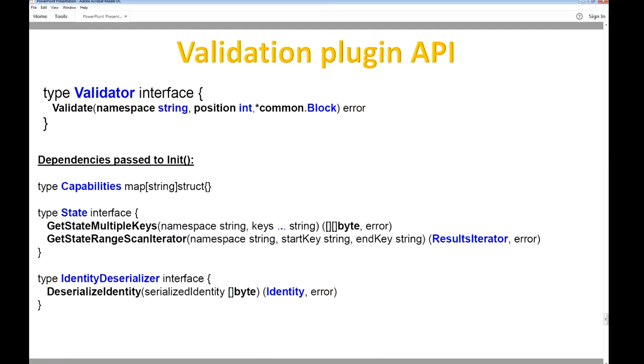Now, the validation plugin will implement the validate method. It needs to know the namespace of what chaincode it validates, so we would look at the read-write set and extract the namespace from that.